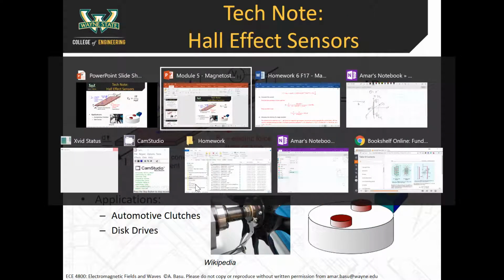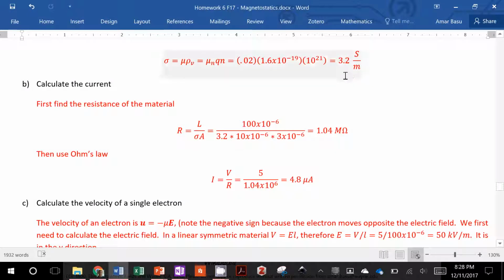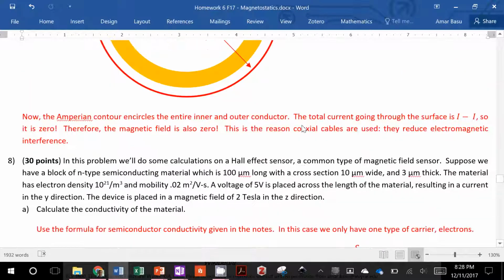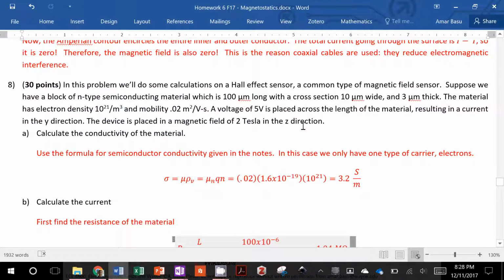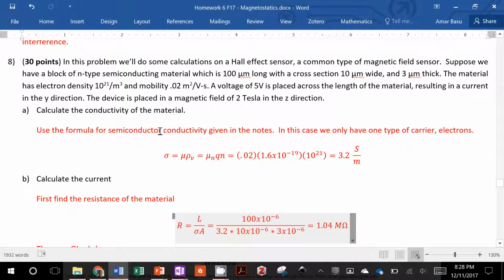What I do want you to understand is kind of like what we did in the homework, because this involves electrostatics as well. You're applying a current through there, and you're measuring the voltage. So you apply a voltage across the length of the material, and you get a current in the y direction, and then you place it in a magnetic field in the z direction.